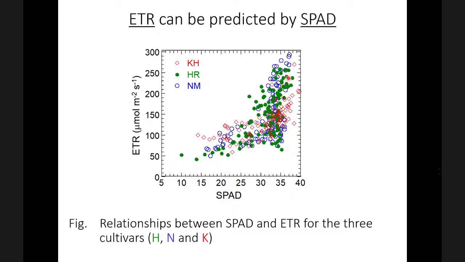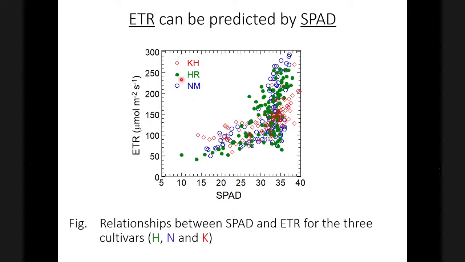So by this way, we can see a quite good relationship between SPAD value and ETR. But an interesting thing is that the relationship is different between cultures. So it is a kind of complicated issue.